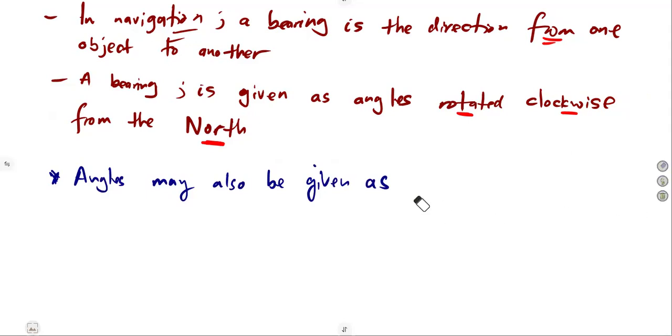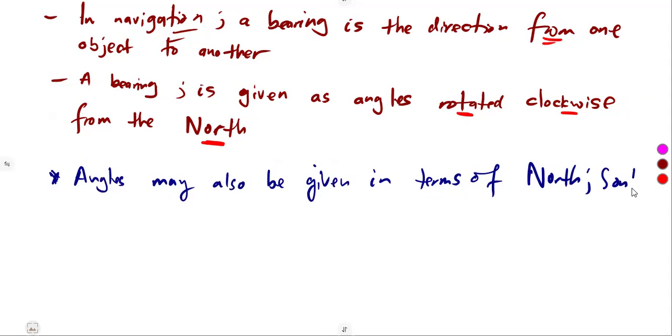Those are the poles that we have: north, south, west, and east.